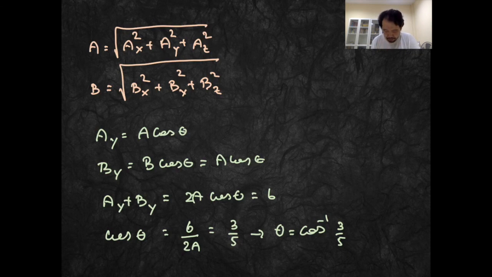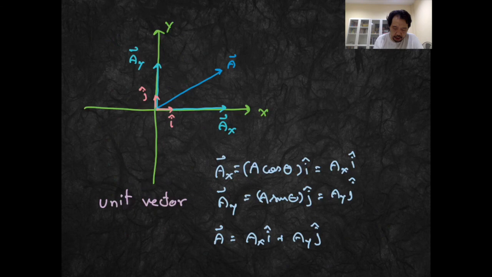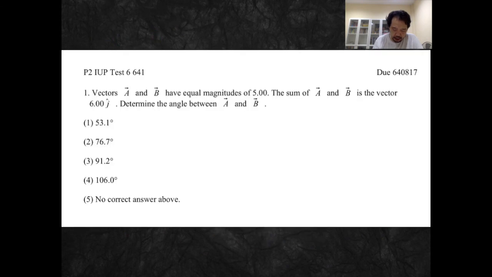So we have theta equal to arc cos of 3 over 5, which equals 53 degrees. So 2 theta, which is the angle between A and B, is equal to 106 degrees, which is the answer, option 4.